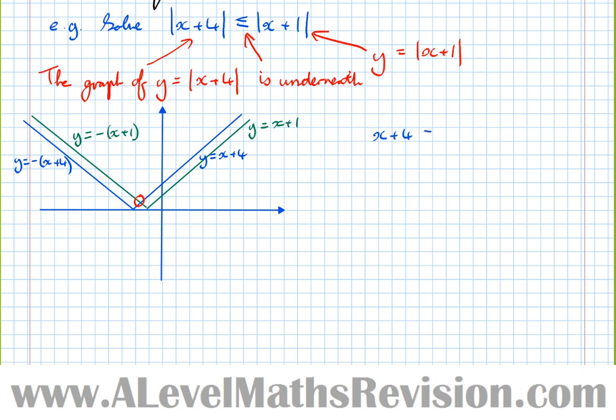We want where that intersects with the negative part of the green graph, minus x plus 1. So that implies that x plus 4 equals minus x minus 1. So 2x equals minus 5. So x equals minus 5 over 2, or minus 2.5.